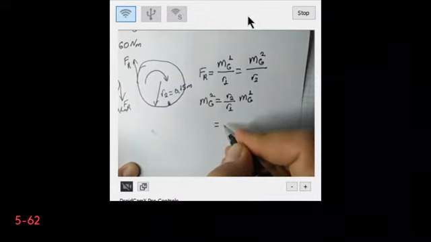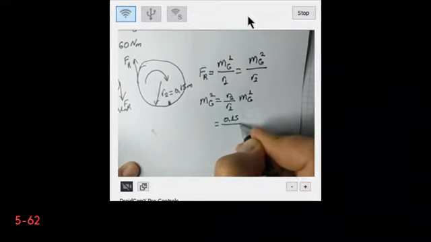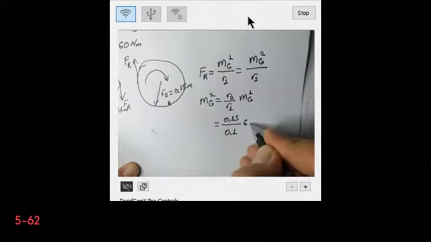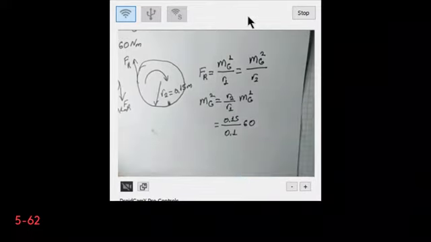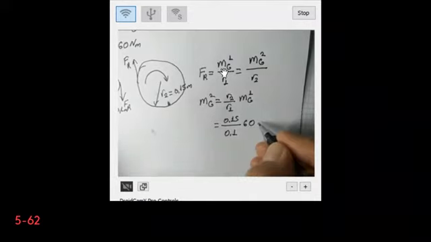If you put in the values, R2 is equal to 0.15, R1 is equal to 0.1, and mg1 is equal to 60. So this is my torque on the second gear, the big gear. This is 3 divided by 2 times 60, which makes 90 Newton meters.